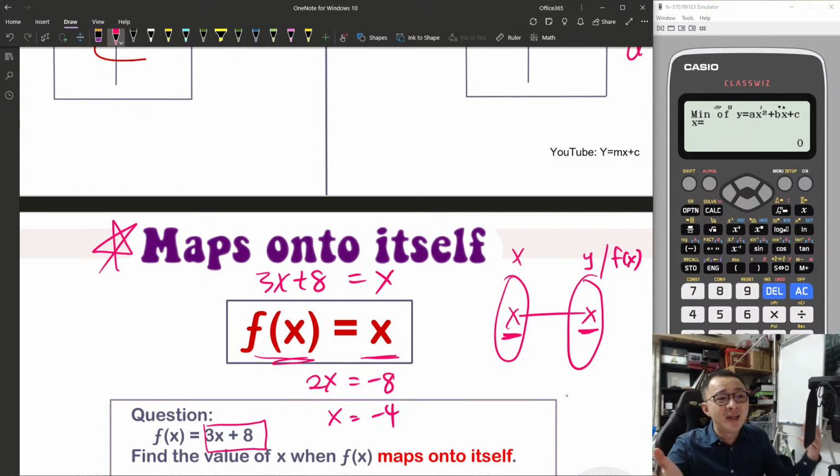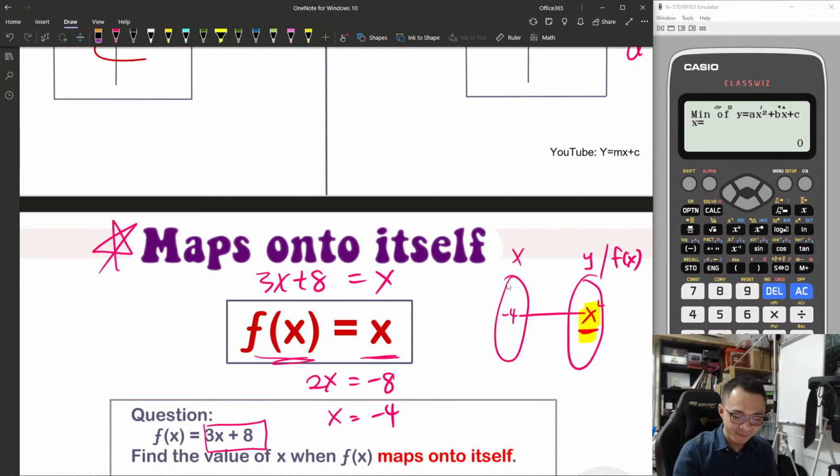I believe a lot of students can understand this part because it's simple algebra. But if I get x equals negative 4, what does it mean? That means in this question, if my x is negative 4, my y value or my f(x) value will be negative 4.